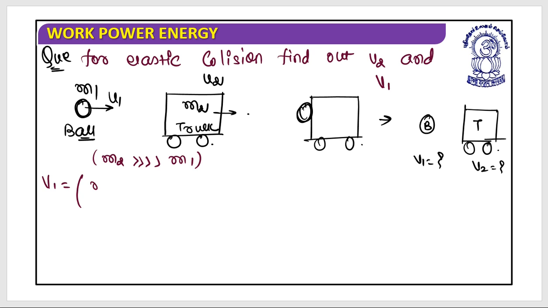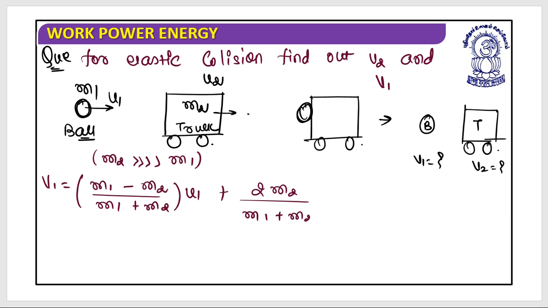v1 should be equal to (m1 minus m2) divided by (m1 plus m2) multiplied by u1, plus 2m2 divided by (m1 plus m2) into u2. So now let's do it as per our requirement. We understood that m2 is much greater than m1.